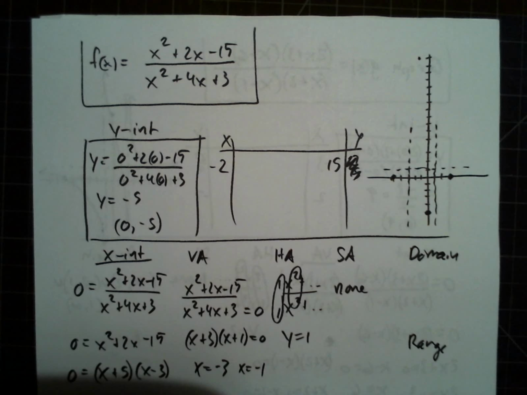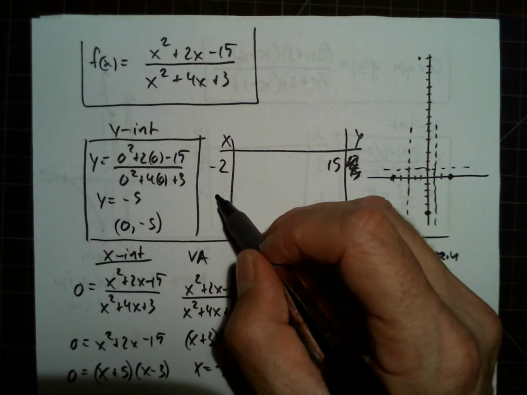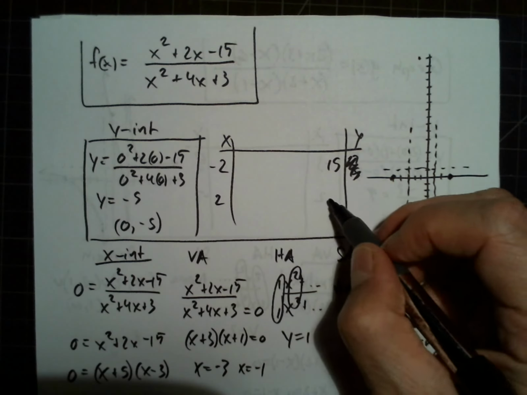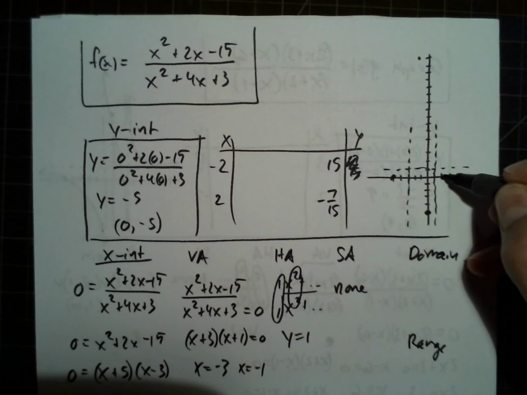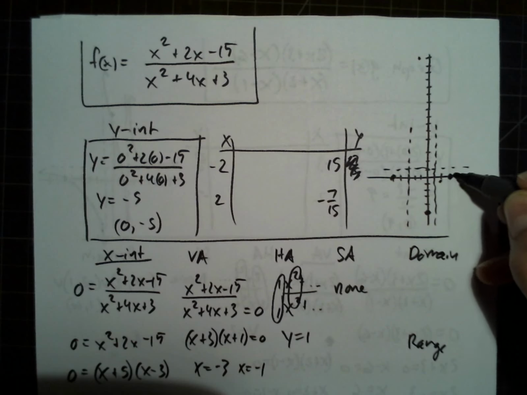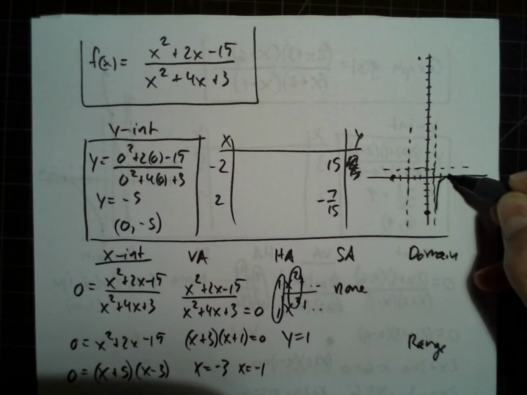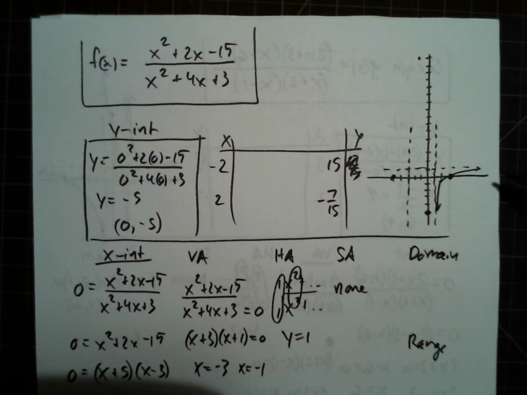Let's try +2, and that's where we get -7/15. At +2, we have -7/15 here. So we follow with the x-intercept. Looks like it's going like that.